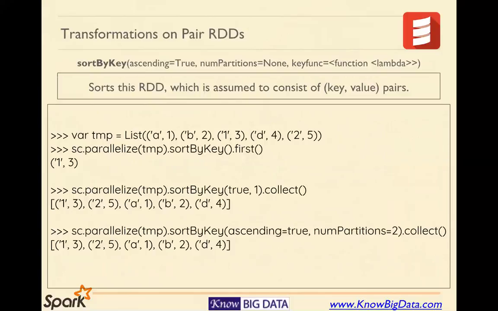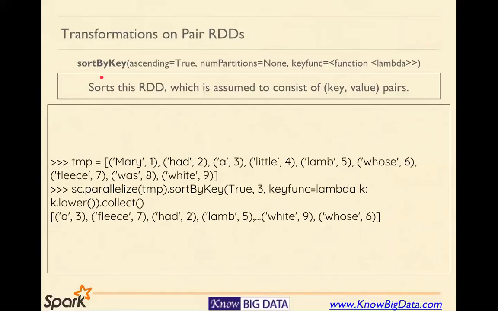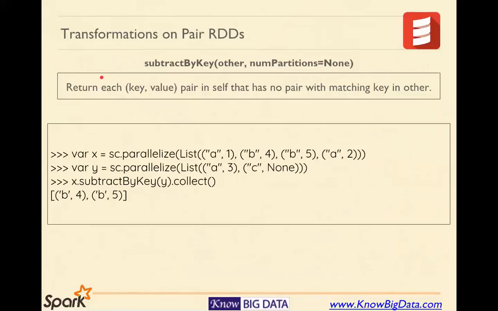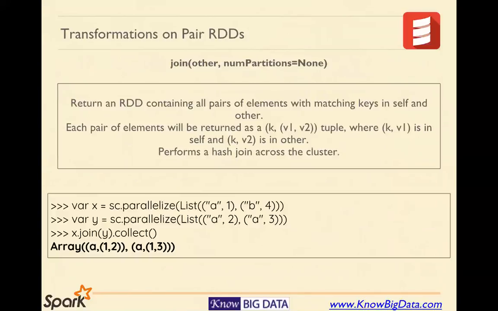So there are quite a few transformations on key value pairs, similar to a normal RDD. You have sort by key and you have subtract by key, the set operation. And the most important part is join. Join basically joins two records. If X has A1, B4, these are two records.